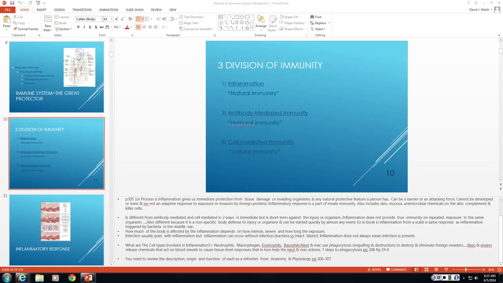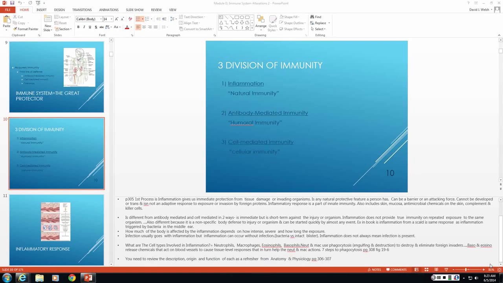Now, your basophils and eosinophils release chemicals that act on the blood vessels to cause the tissue level responses that in turn help the neutrophils and macrophages' actions. And there's also 7 steps to phagocytosis, and these are noted on page 308, figure 19.6 in your books, if you'd like to look at that.